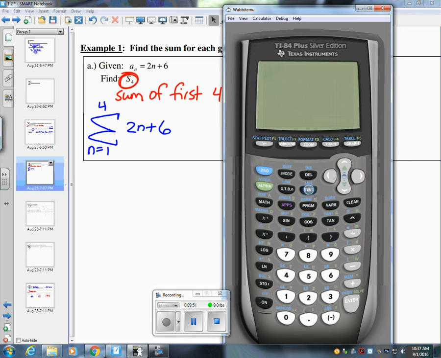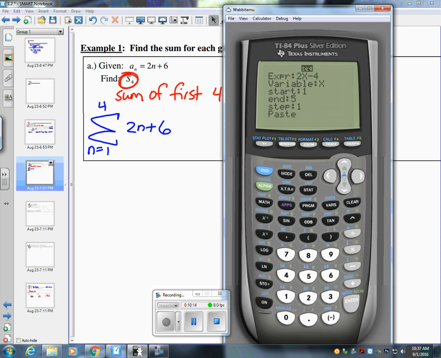Okay, second stat, over to math, choose sum, okay? Press enter. Then second stat over to OPS. Then choose sequence. All right, does your calculator look like mine or no?